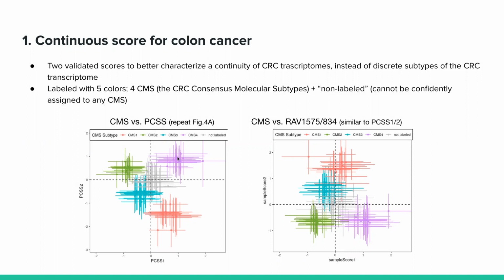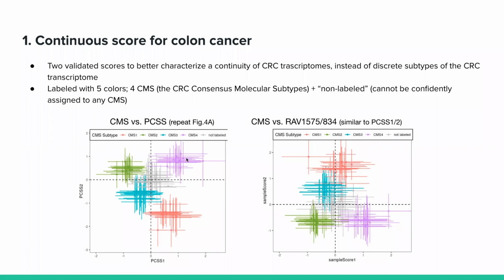It was called the consensus CMS, trying to remember, consensus subtypes for colorectal cancer. This was a pair of Nature Methods papers that ended up defining essentially the same 4 transcriptome subtypes of colorectal cancer that in this PCSS principal component subtype score paper we compared to.